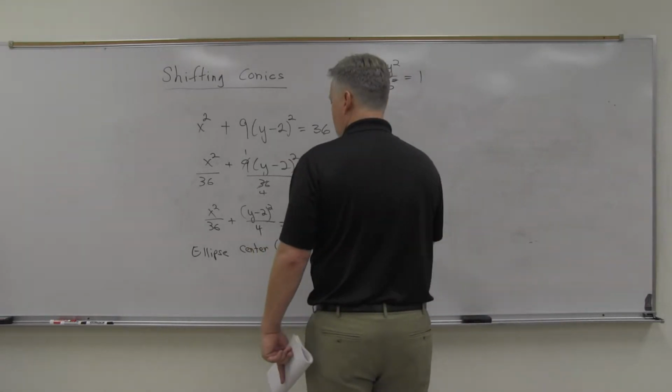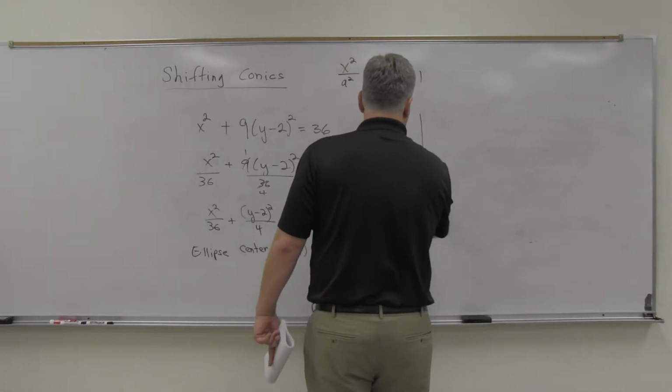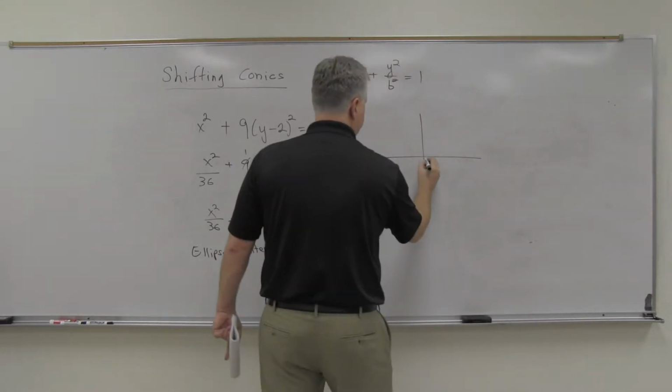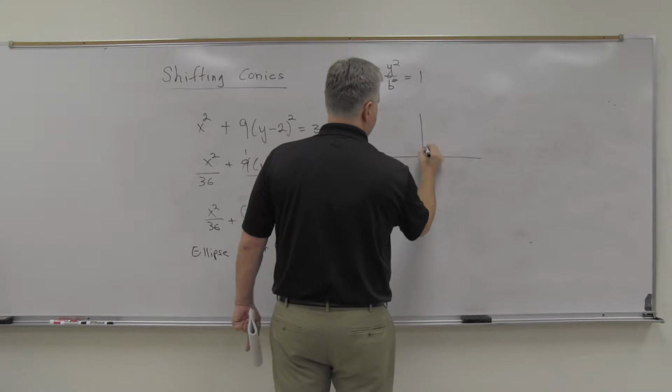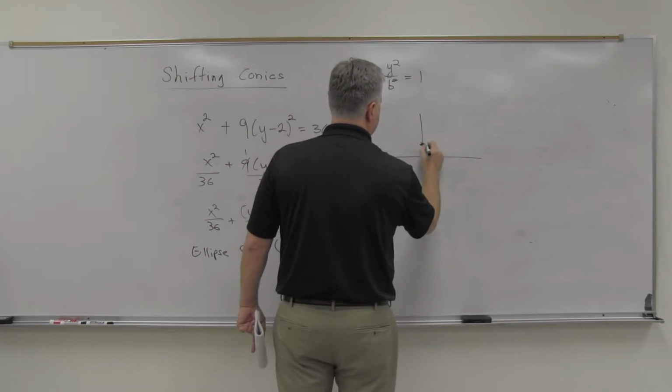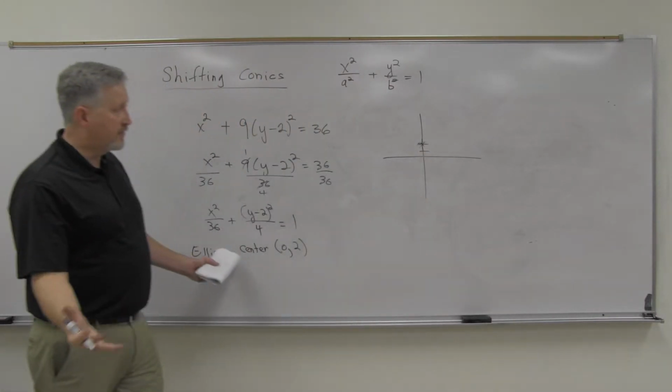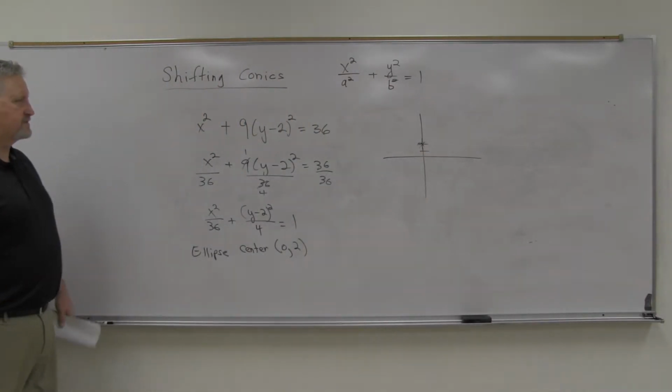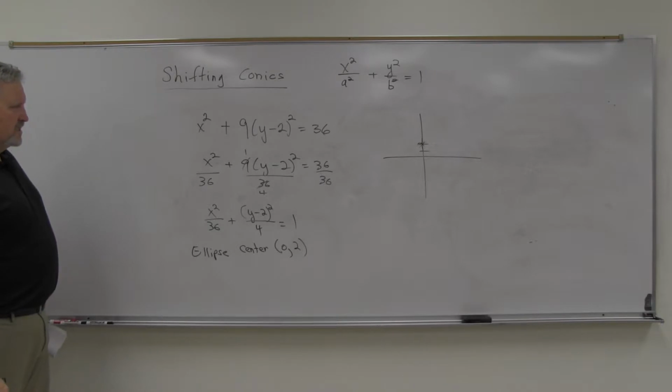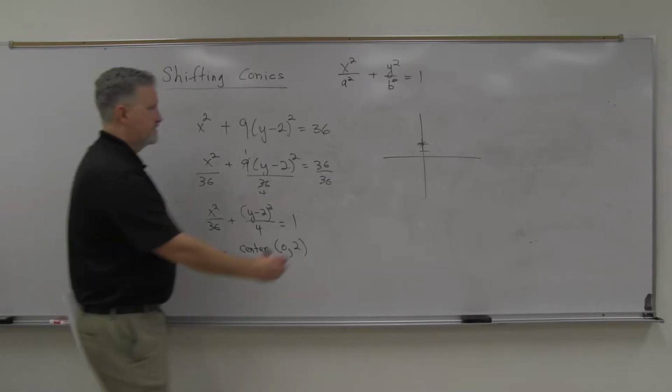All right, graph-wise, 0, 2 is my center. I usually put an X for the center. It's not an actual point on the graph, it's just a reference place. So that's my center, right there.